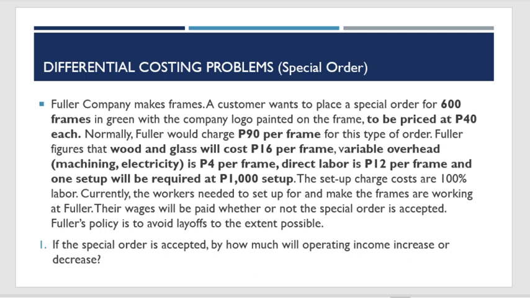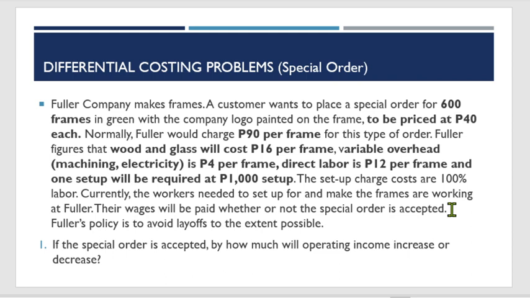Okay. Please take a look at the direct labor, especially the last sentence in the paragraph. Ang sabi dito, their wages will be paid whether or not the special order is accepted. So, kahit na may special order or regular order pa yan, ay babayaran pa rin yung direct labor.